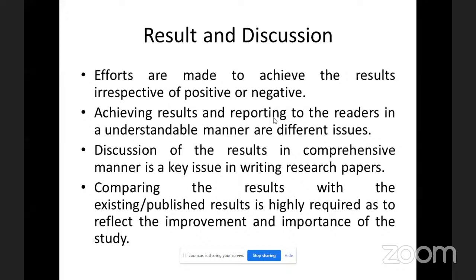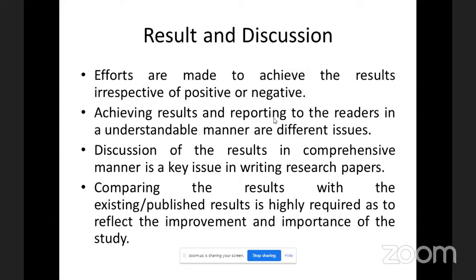But the problem comes where? In the representation of results. They randomly put the results, or they do not properly arrange the x-axis or y-axis, or they simply put very long tables in the results section. All these things reduce the quality of your research paper.